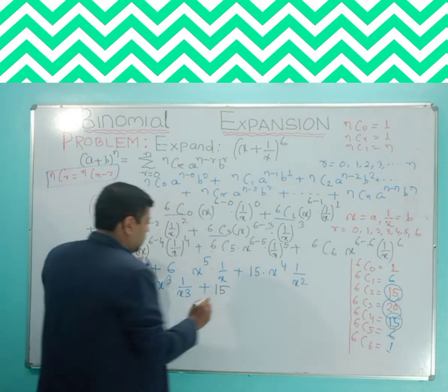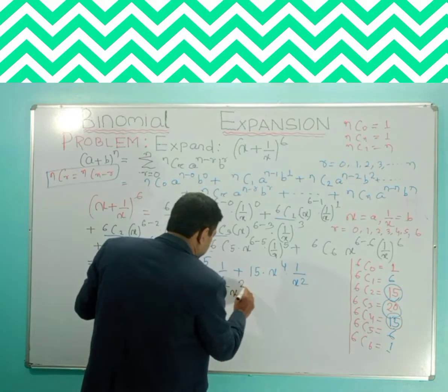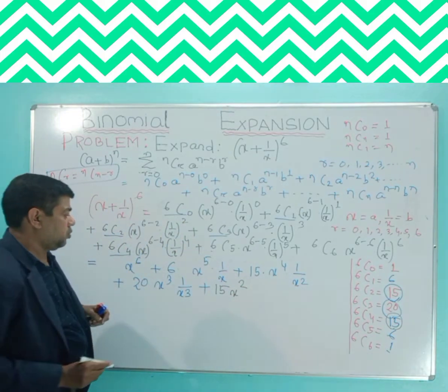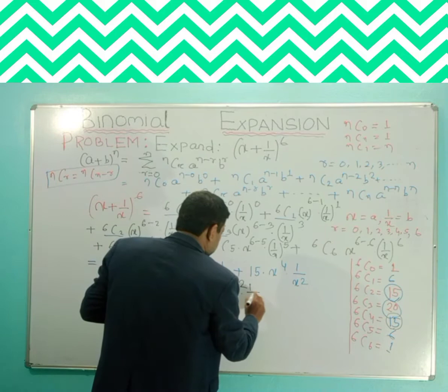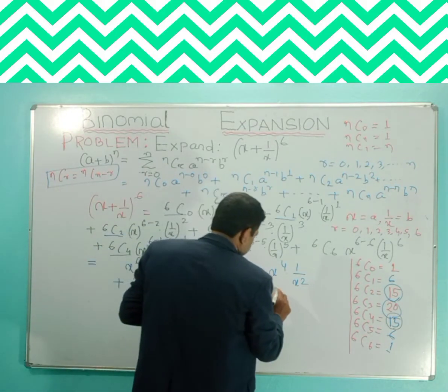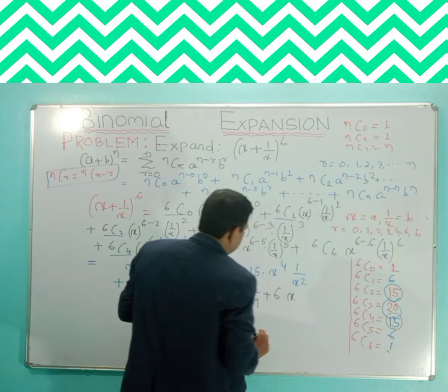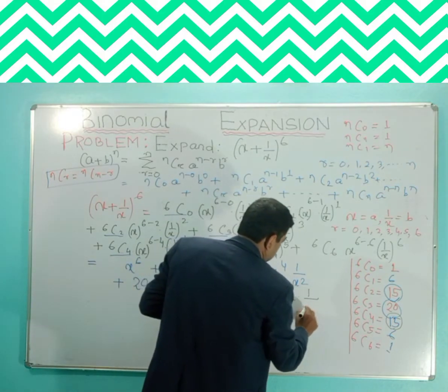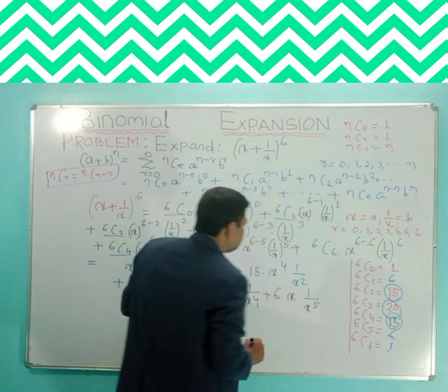And x to the power 6 minus 4 is 2, into 1 upon x to the power 4. Then plus 6c5, whose value is 6, into x to the power 6 minus 5, into 1 upon x to the power 5.